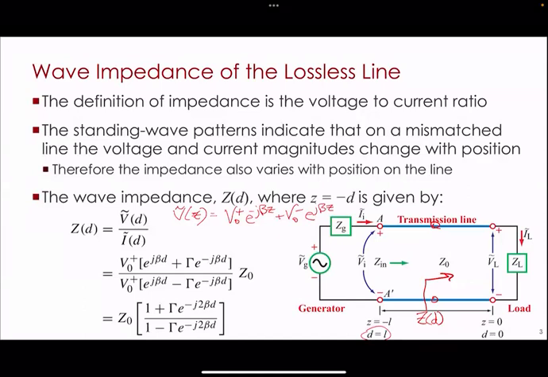But then remember what we did the last time. From our definition of gamma, which is V0 minus over V0 plus, we know that V0 minus equals gamma times V0 plus. We plugged that value into here and then factored out the V0 plus.